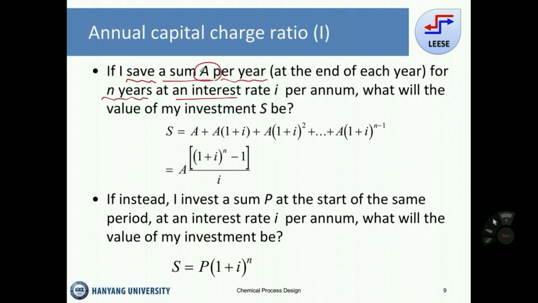Year 1, I save the money. How much? A, okay? Then in year 2, I save the money and put it into the bank. And in year 3, I have the money A, then put it into the bank, okay? My money is in the bank for the next year. I will have interest based on this money.